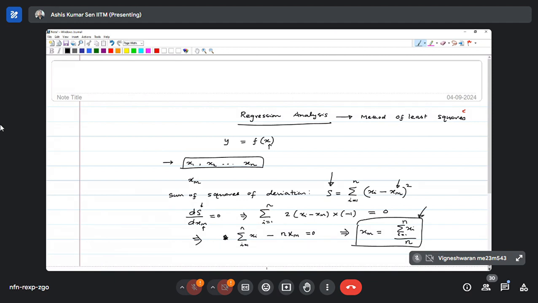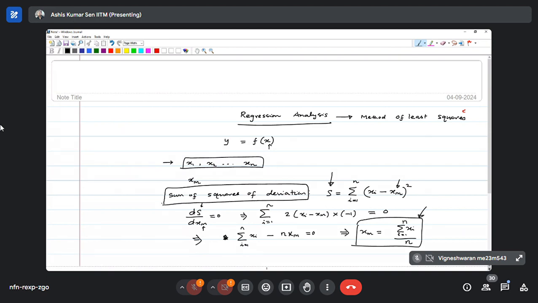Okay. So if you have n different data points from x1 to xn, and you say that my mean value is basically the sum of xi over n, in stating so, what we are trying to do is that we are trying to minimize the sum of squares of the deviation.